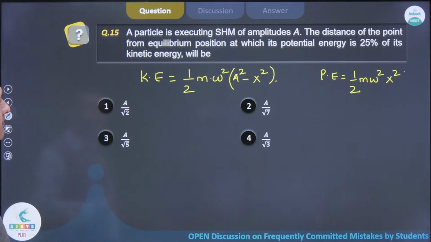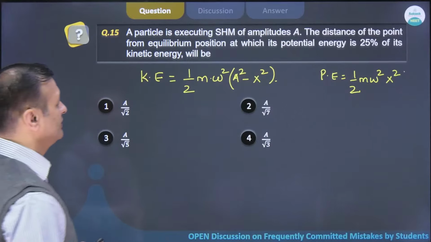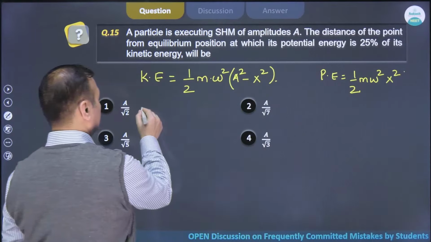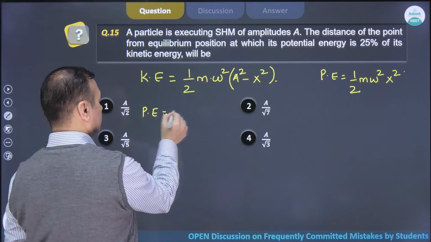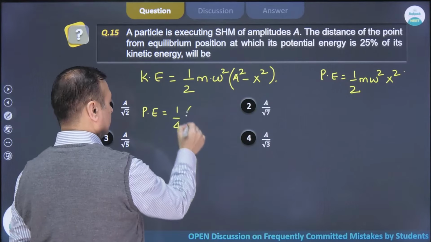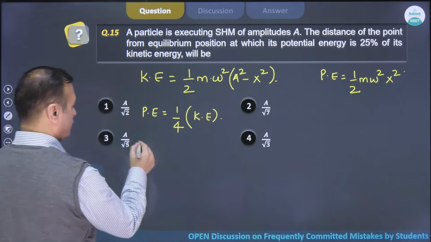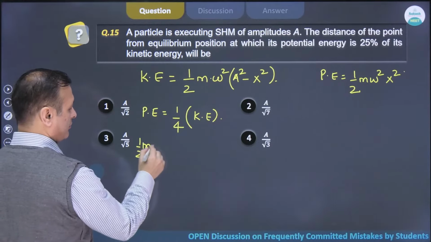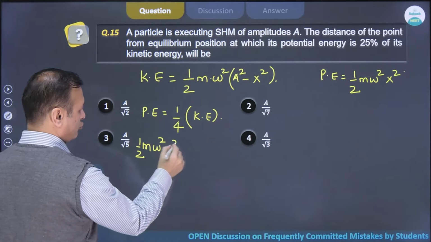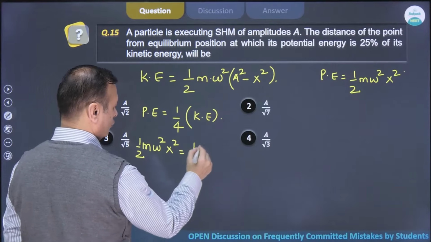Potential energy is 25%, meaning 1 by 4 of its kinetic energy.